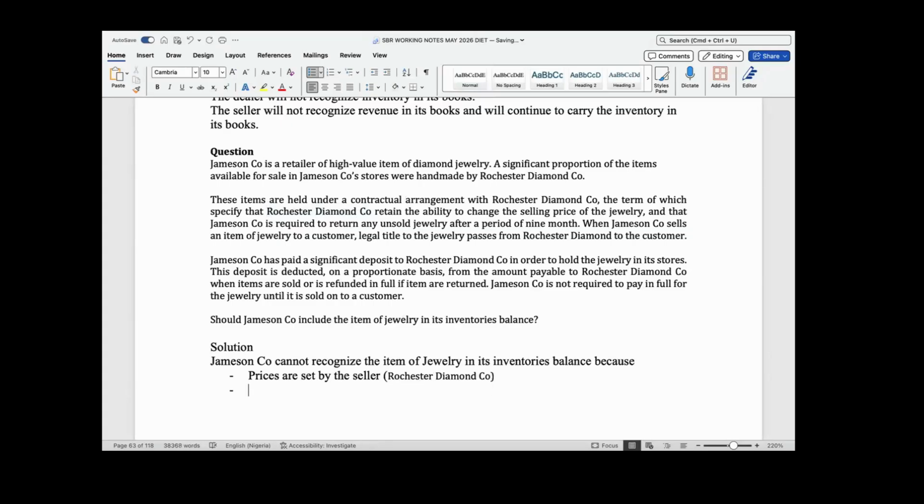Number two, the seller can require him to return any unsold goods within 9 months. Also, legal title passes from the seller to the customer, so James Co. is not even in the picture at all.